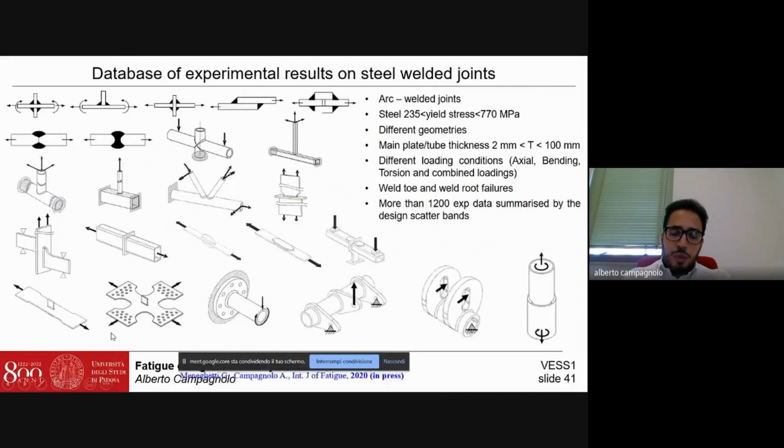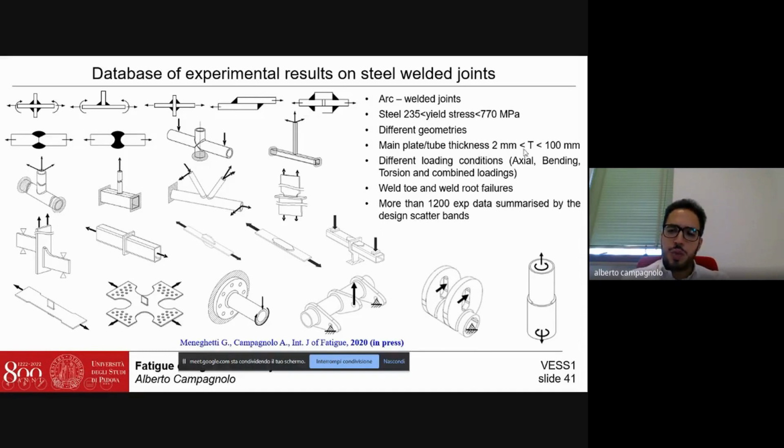We have applied this approach to a large database of welded joints, starting from very simple laboratory specimens, going down to complex welded geometries, up to industrial case studies, as better reported in these figures. We have considered arc welded joints, typically made of steel, but also aluminum alloys are included.